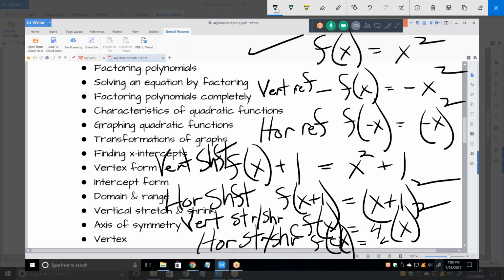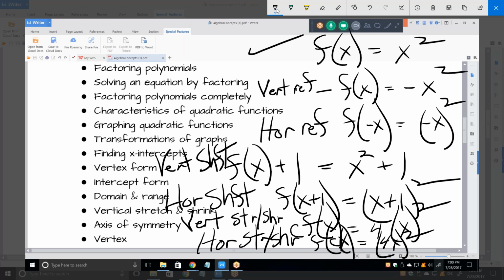For example, 4x all in parentheses squared. There you go. There are the 6 transformations you can make of a function. And those are the only 6. And this is like 2 weeks worth of algebra, okay, if you were taking this in class.